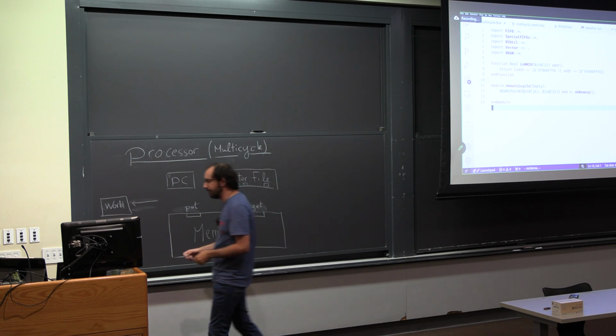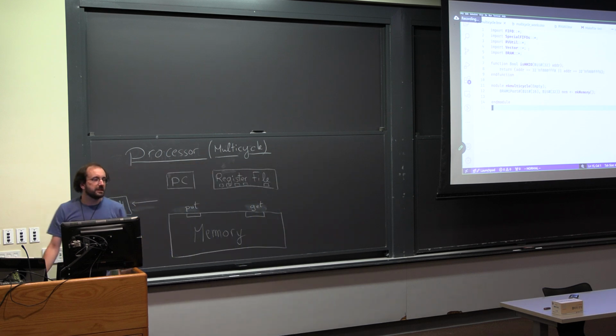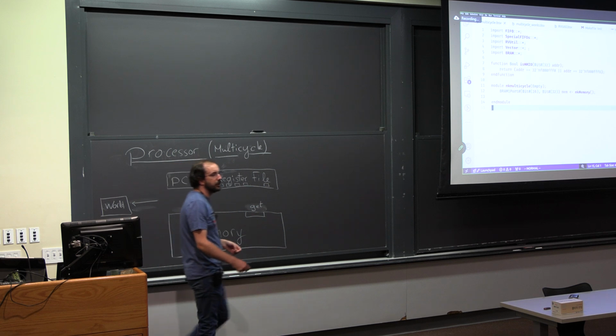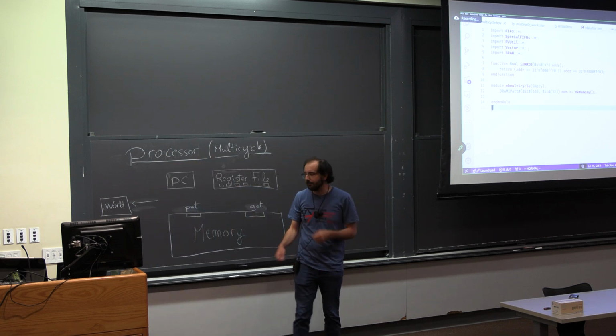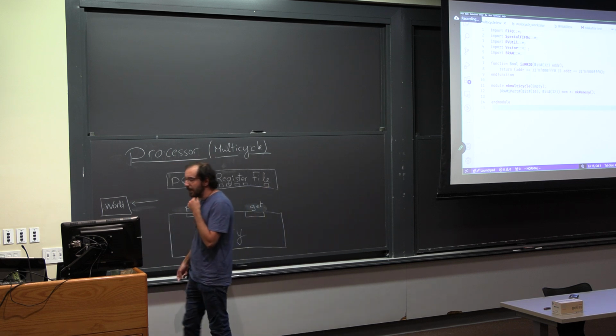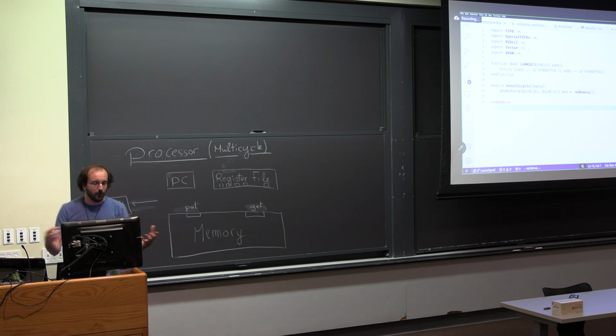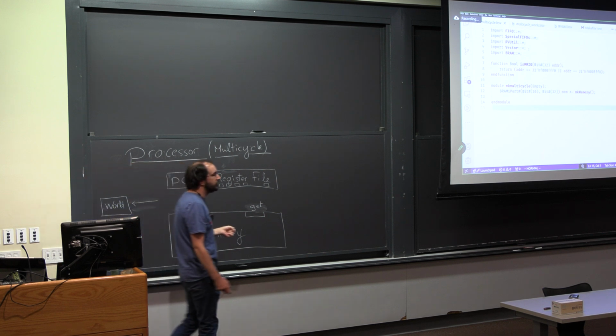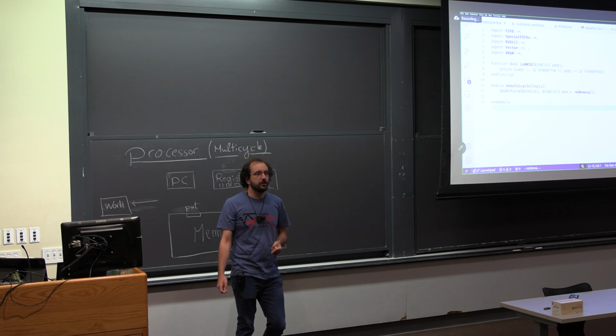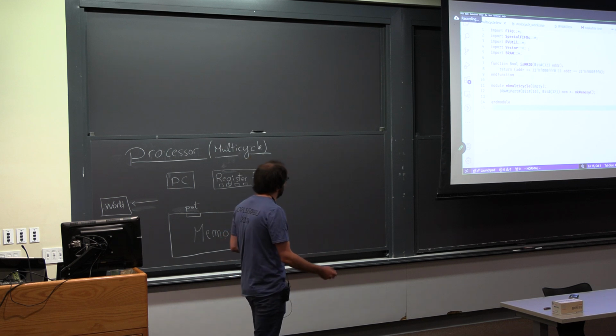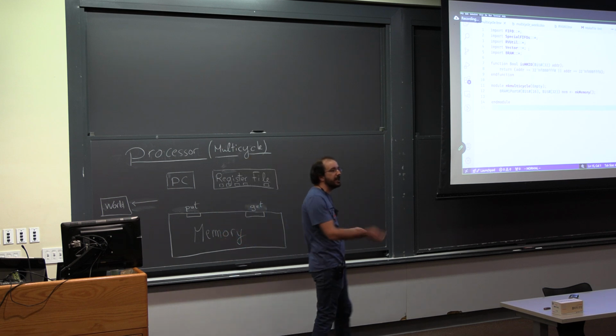There is a very good 1947 paper by John von Neumann, the draft on the EDVAC machine. That paper was the first to officially propose a stored program computer. What's a stored program computer? It's a computer in which the program is data.